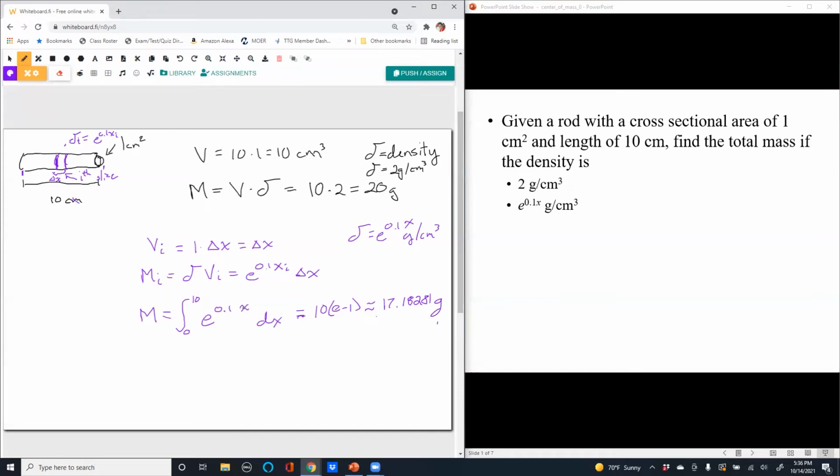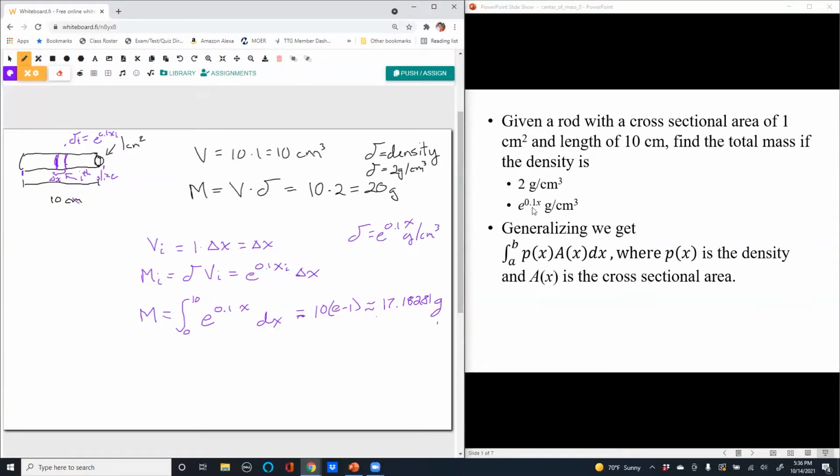Now that we've got total mass, we can generalize this. Basically what's happening is, here I used rho, or this p of x. Basically we run an integral from a to b, rho of x times the cross-sectional area. Remember, for ours, the cross-sectional area just happened to be 1. So let's put that there as a note. A of x was 1.